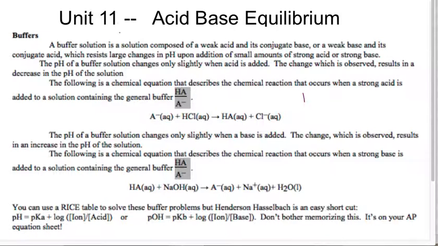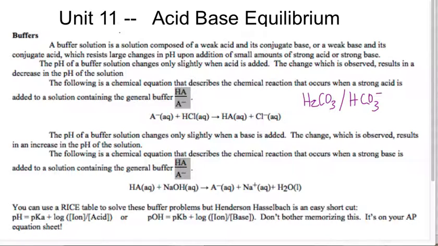So for instance, we have carbonic acid and hydrogen carbonate in our blood. So how does that help maintain pH levels? Well, let's say for some reason something's undergoing acidosis, and somewhere in your body you're spitting out a lot of H+ into your bloodstream.